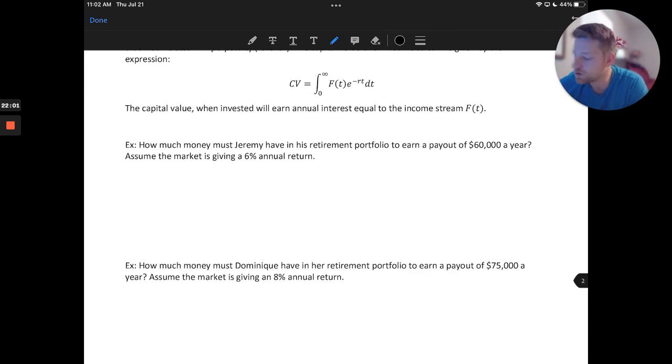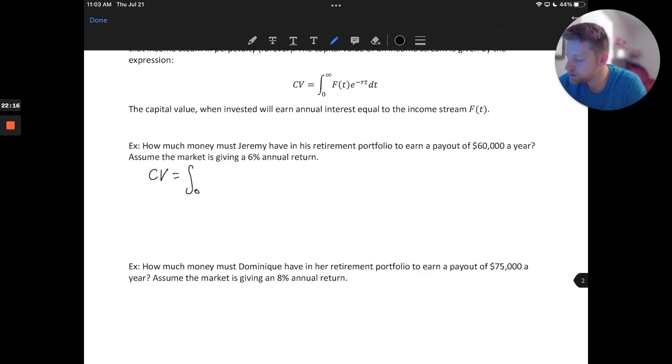Okay, so let's go ahead and consider how to set this up. The CV, or the capital value of this income stream from 0 to infinity, we'll want to take a look at. And we know that our income stream that we want to have is $60,000.